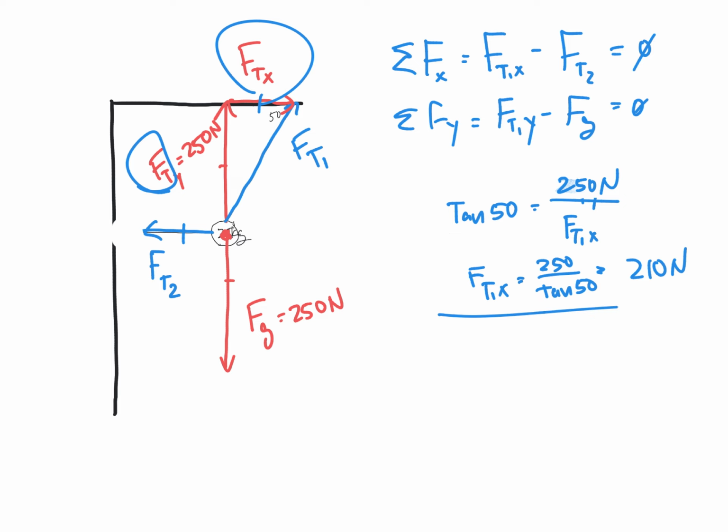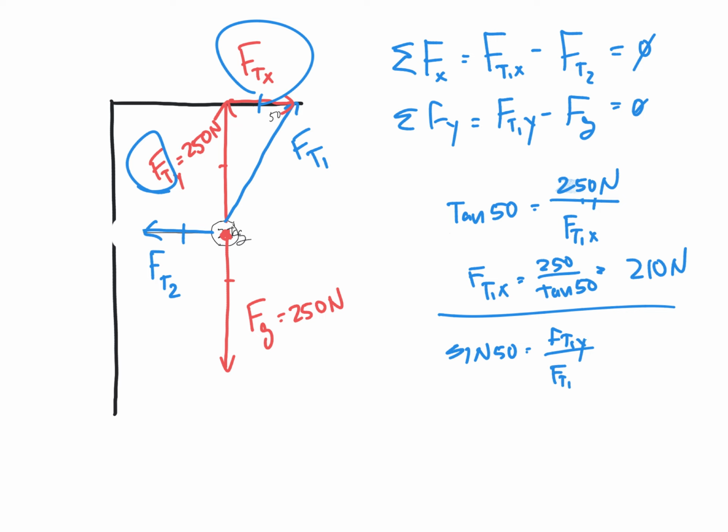And then for the other one, for FT1 itself, we know, and I'm going to rewrite that here, we know that sine of 50 degrees is equal to FT1y over FT1.